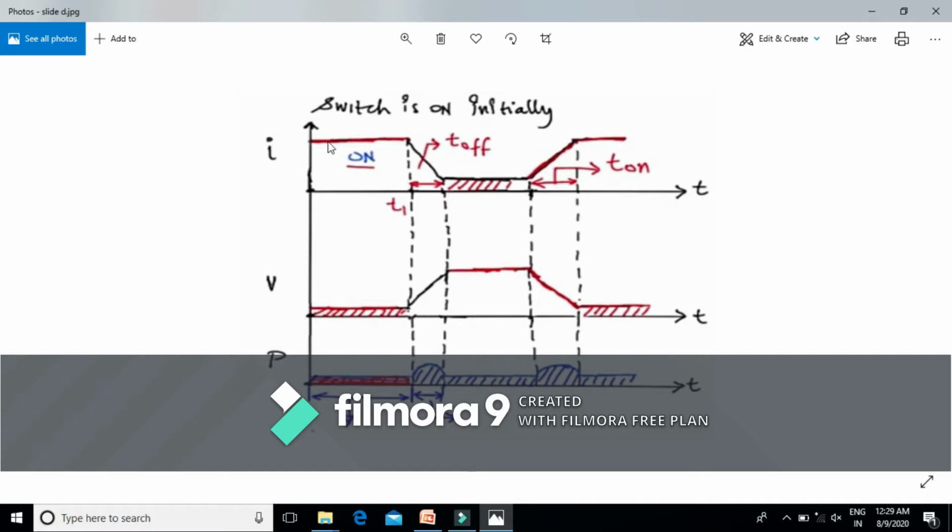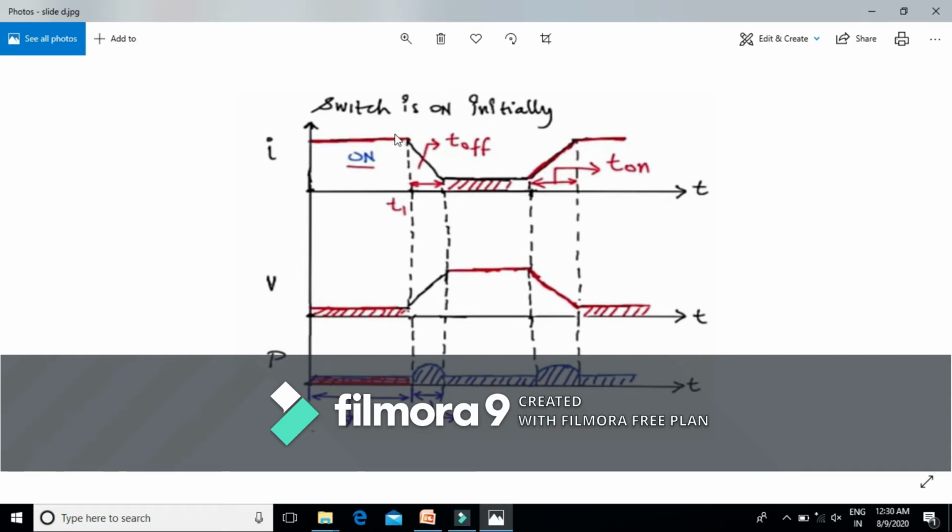Similarly, here if this is the current waveform, this is the voltage, and this is the multiple of current and voltage, that means that is the power. During on there will be some finite value of current. Here the voltage will not be equal to zero, but something more than zero.